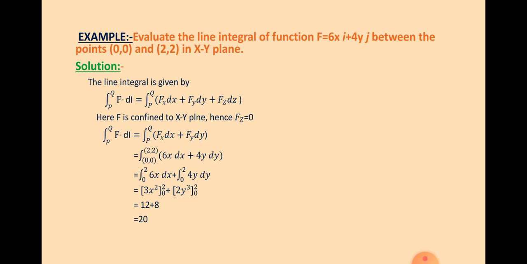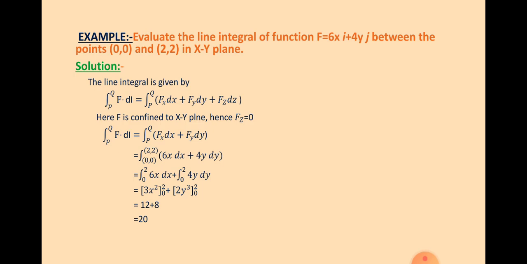This is the formula. Here F is confined to the xy plane, hence Fz equals 0. The problem has only the xy plane, not the z plane, so Fz becomes 0.